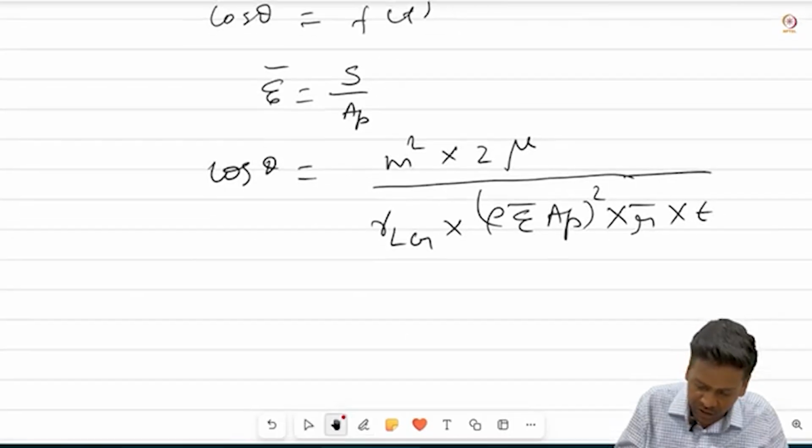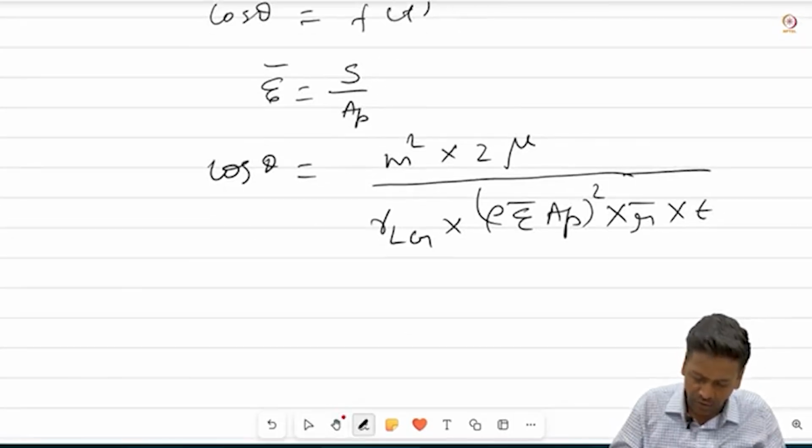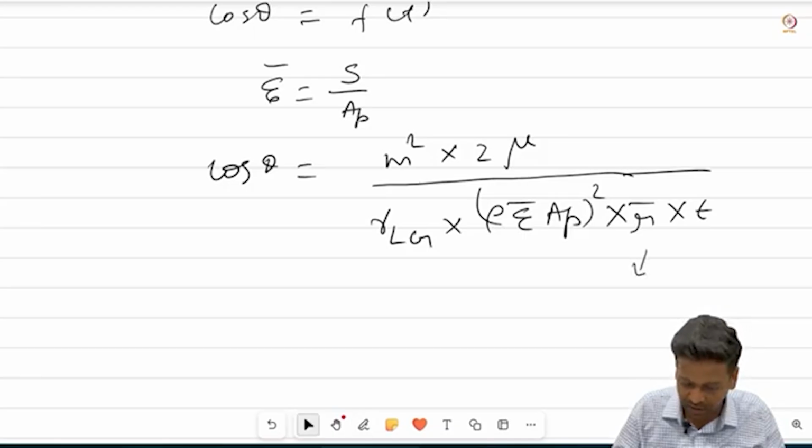If you look at this equation, if you know the R bar, which is the statistical average of capillary radius as a function of time, you can actually get the dynamic measurements of cos theta.